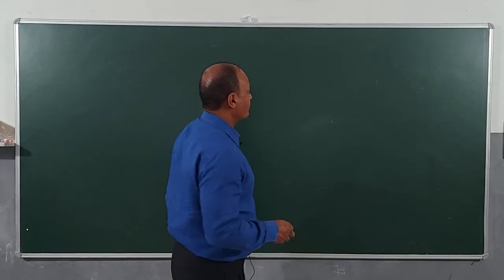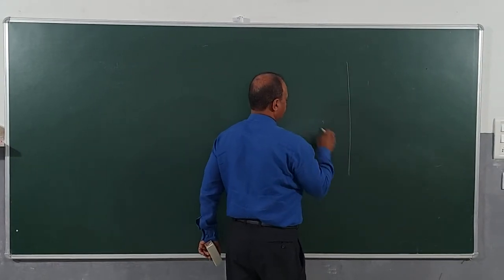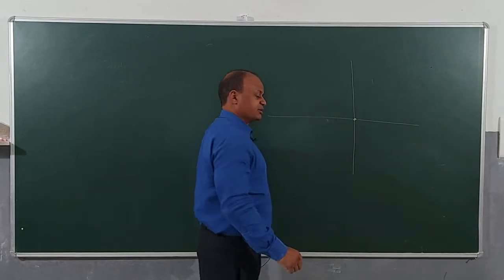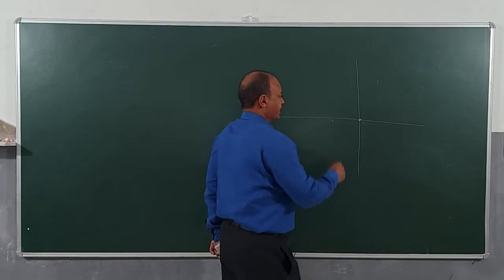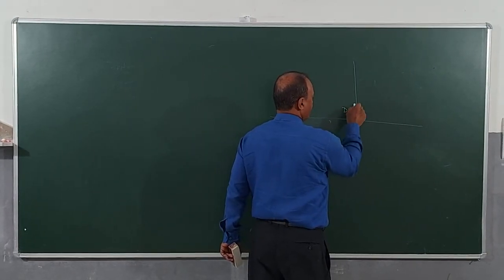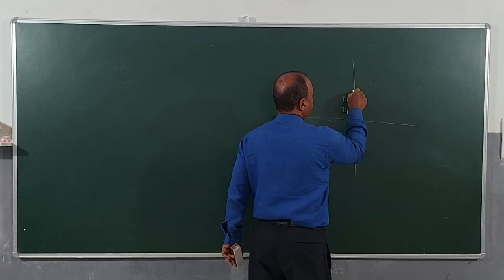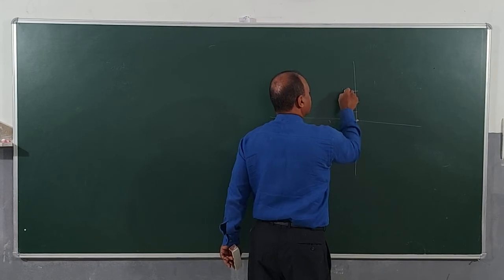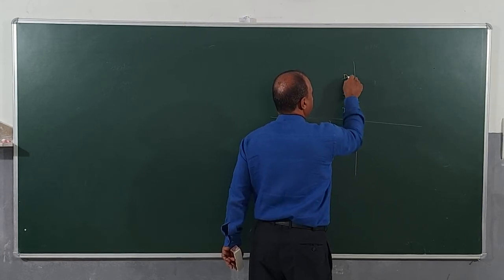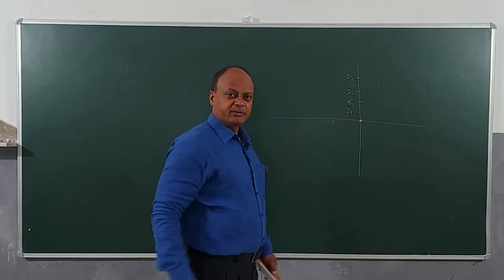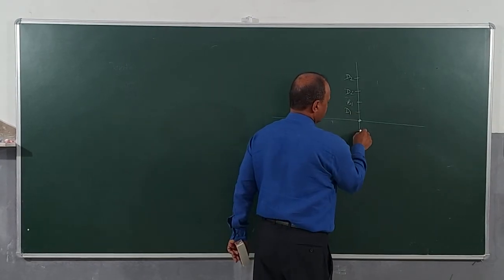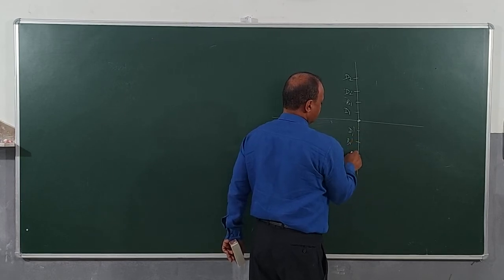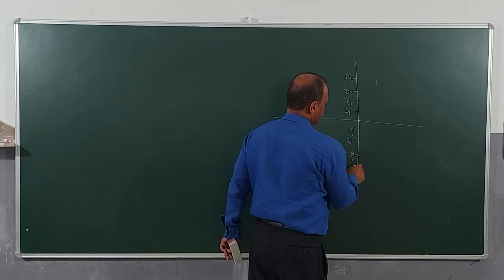In fact, children, if you go back to the double slit experiment, this will be the central maximum. Clear? And then D1 will come, then B1, then again D2 and B2 above, and the same thing will come below also. I'll call them D1 dash, B1 dash, D2 dash and B2 dash.